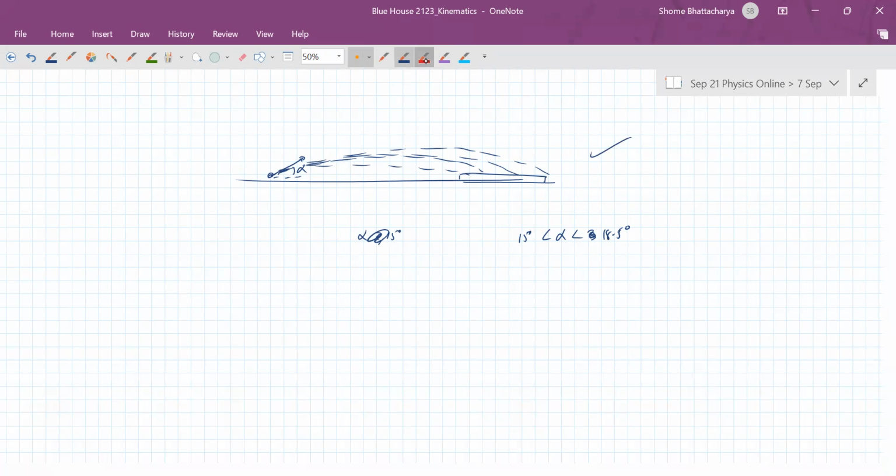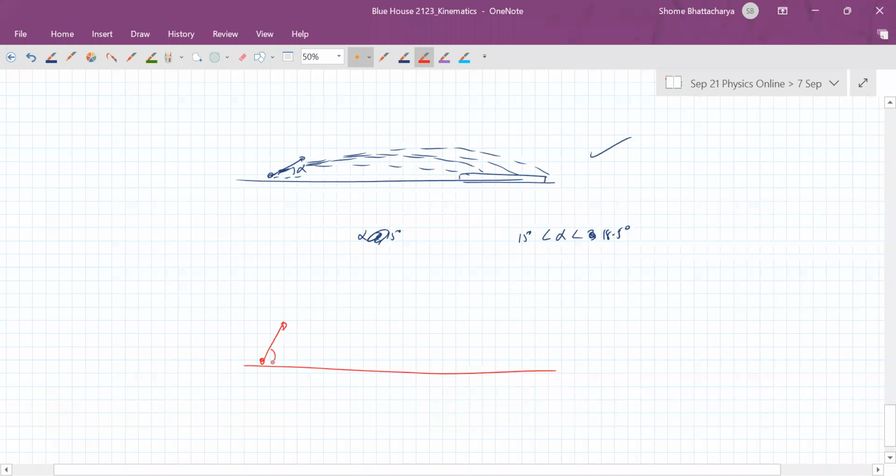Now also, if you project at an angle like this, where theta is equal to, for example, 90 minus 15, that is 75 degrees, you're getting the same range. Now, what if you project at an angle of 90 minus 18.5 degrees?